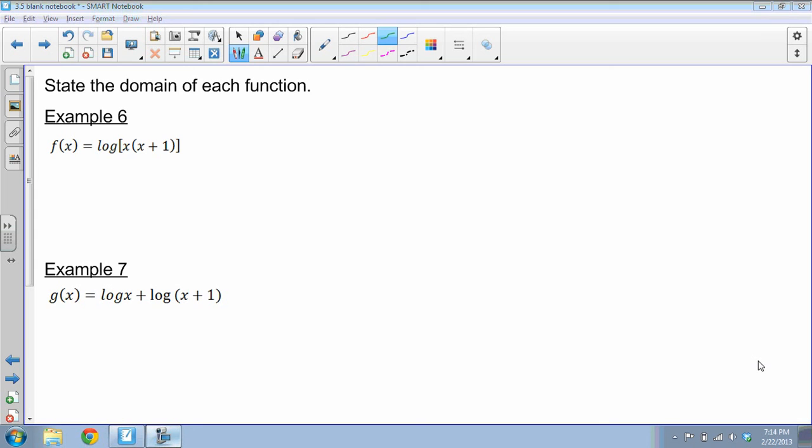Example 6 and 7. We're going to look at the domain of two functions, and on the actual problems in the section, you're also going to match the function with its graph, and we're going to use the domain to do that. You can graph them on your calculator and compare, because these are a little bit tougher than just trying to transform something.